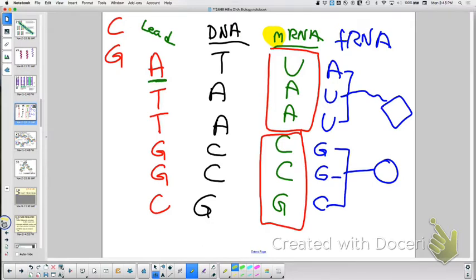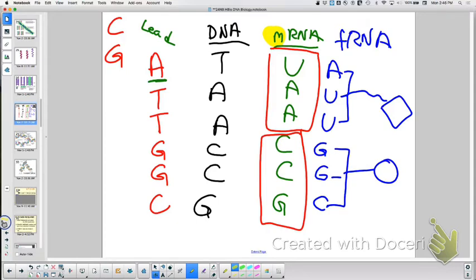So I'm not going to look at the DNA because part of it might get cut out. Cut out the introns, remember, before it leaves the nucleus. So I'm not going to look at that. And also, you have several tRNAs that carry the same amino acid. So we're not going to look at that either. We're going to look at the message, and that would be the mRNA.